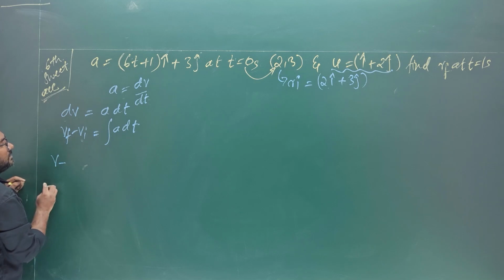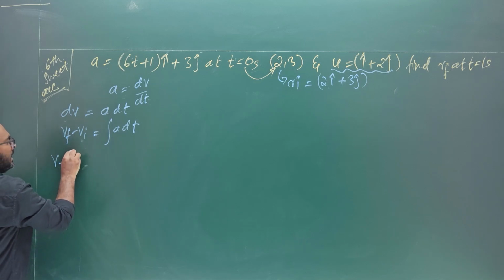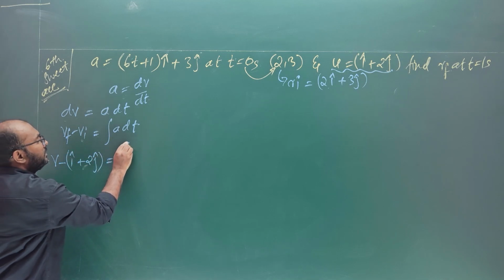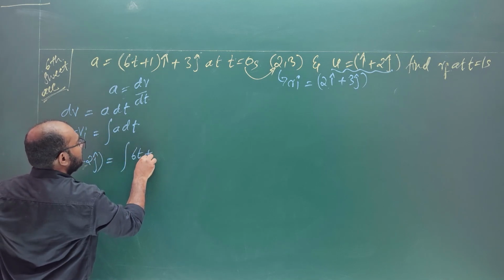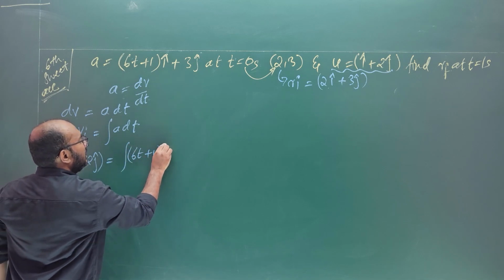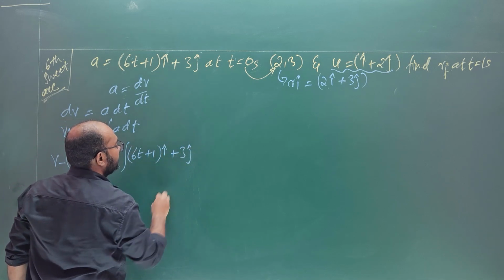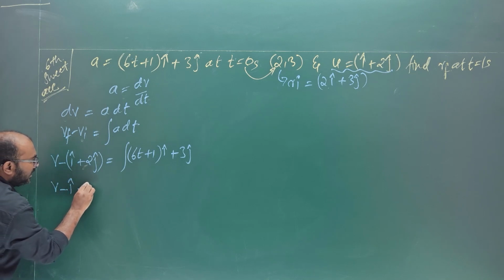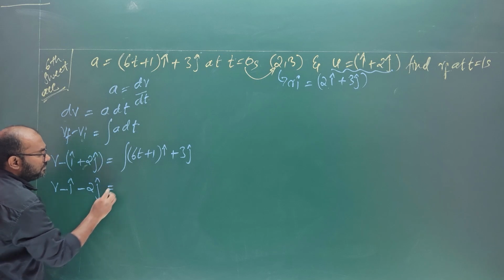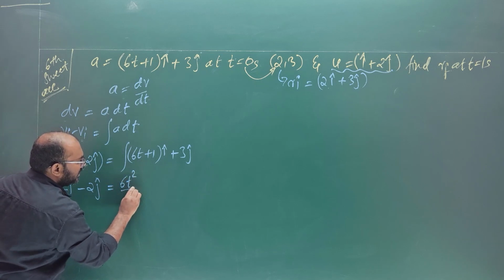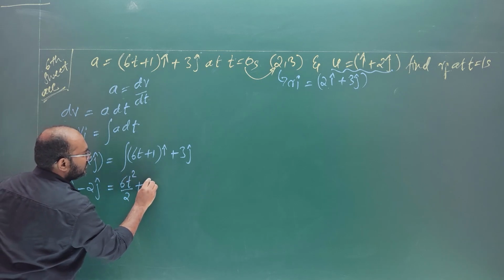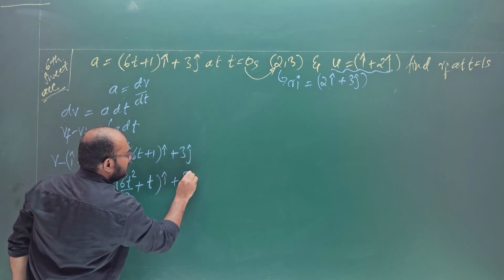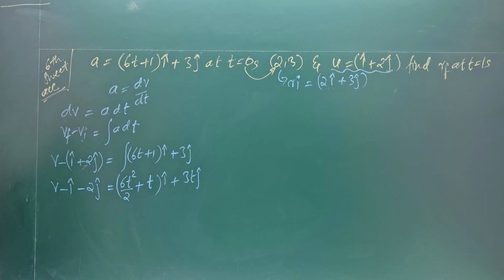Now, v minus the initial velocity i cap plus 2 j cap is equal to the integral of 6t plus 1 i cap plus 3 j. Now, v minus i cap minus 2 j cap is equal to 6t square upon 2 plus t i cap plus 3t j cap.